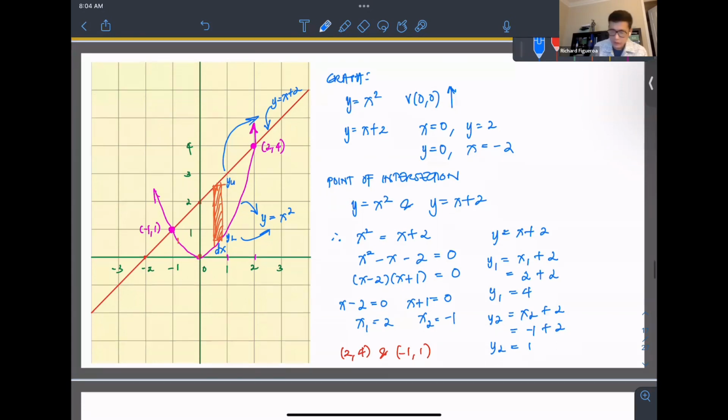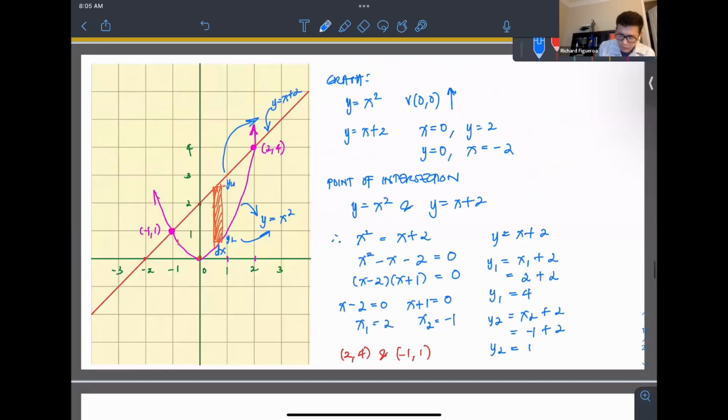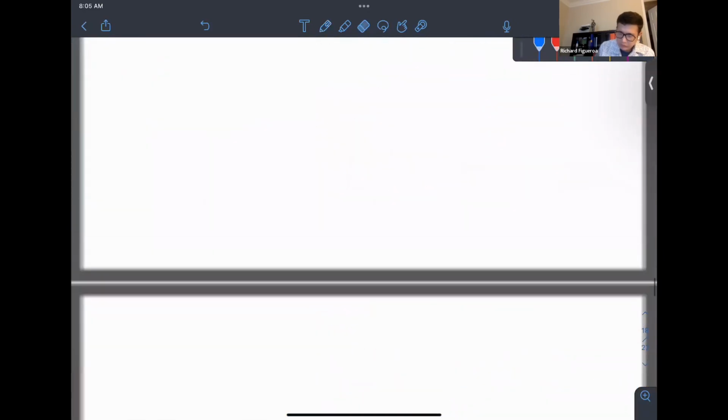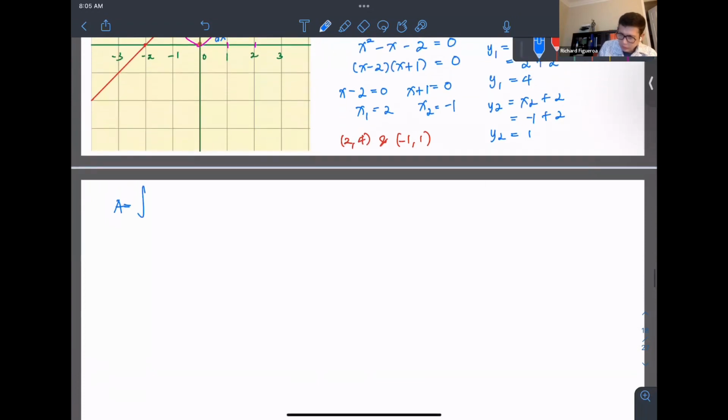So now we compute using our formula. The area is equal to y upper minus y lower.